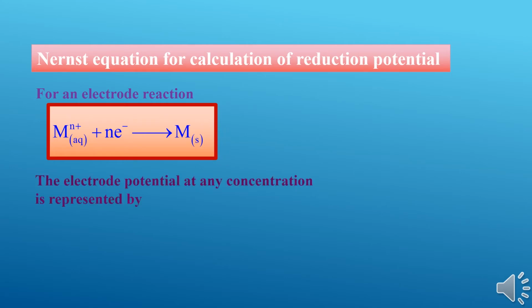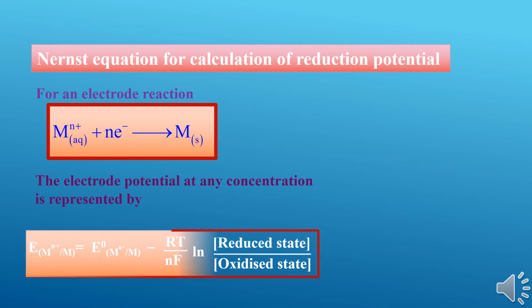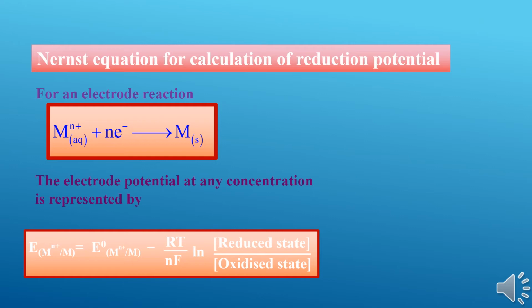The electrode potential at any concentration is represented by E of M^n+/M, which equals E° of M^n+/M minus RT/nF ln of the concentration of the reduced state divided by the concentration of the oxidized state. This is the formula to calculate the electrode potential at any concentration, and we call it the Nernst equation.